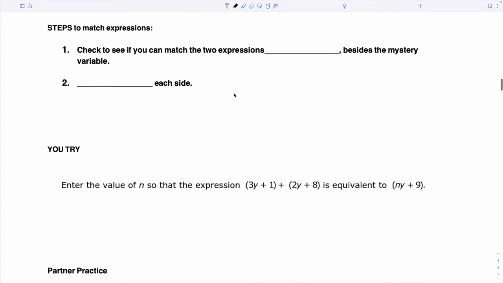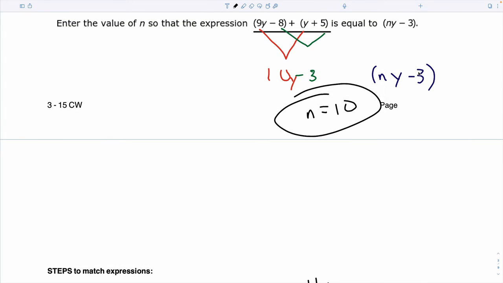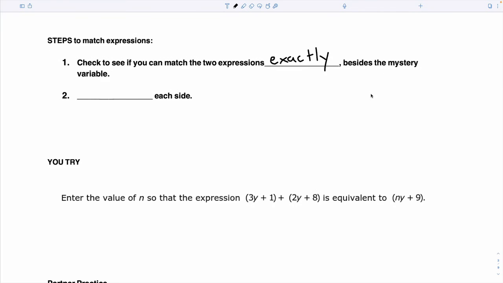Here are your steps. Then you're going to try one on your own. Check to see if you can match the 2 expressions exactly. We matched the expressions exactly here by putting the 3 on the right, and we had some missing number next to a y. We're going to have a mystery variable that doesn't match, and that's okay.